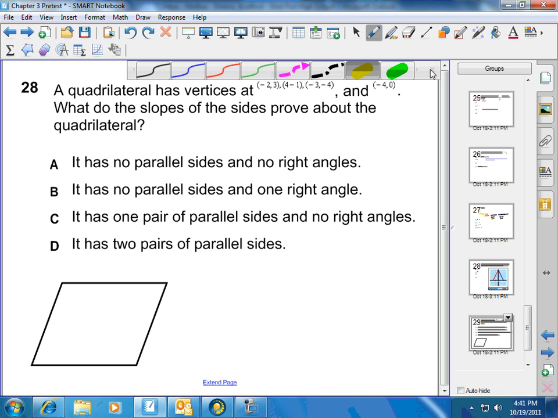Okay, number 28. A quadrilateral has the given vertices. What do the slopes of the sides prove about the quadrilateral? You might want to look at this one again in your note-taking guide.